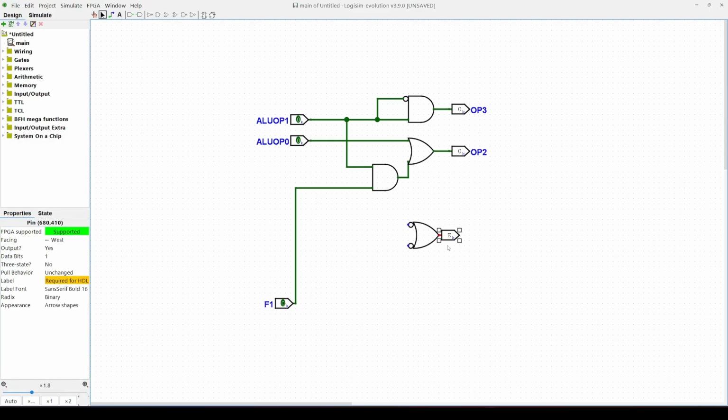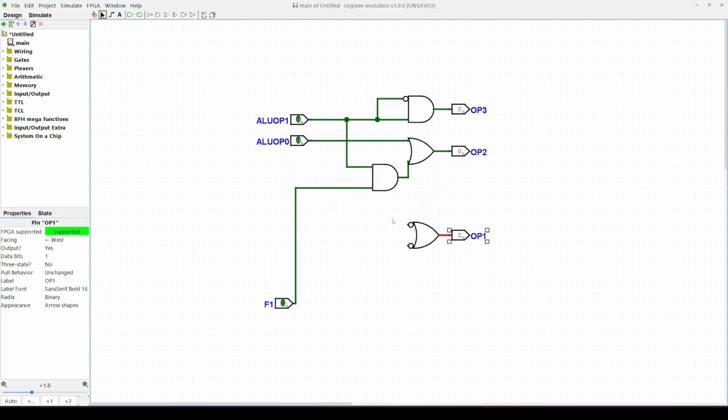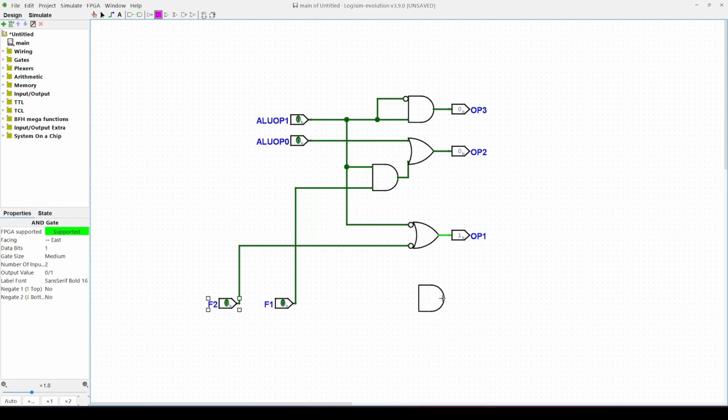Down here was our OP1, and then we have our F2. And then finally we had an OR gate here for our final gate. That was our OP0.